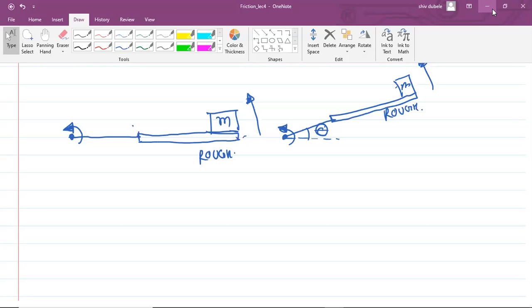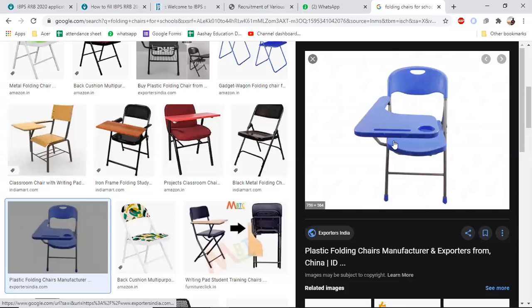Yes. Two minutes. New share, holding chairs. Share.